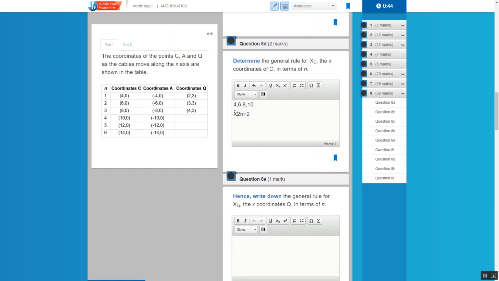I should really write xc is equal to this one, xq is equal to, it's going up by 1 each time, and this one. Again, that is just another arithmetic sequence.